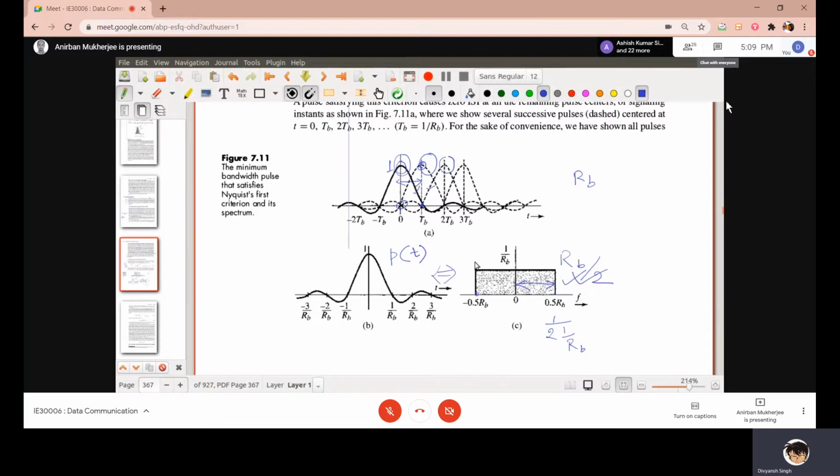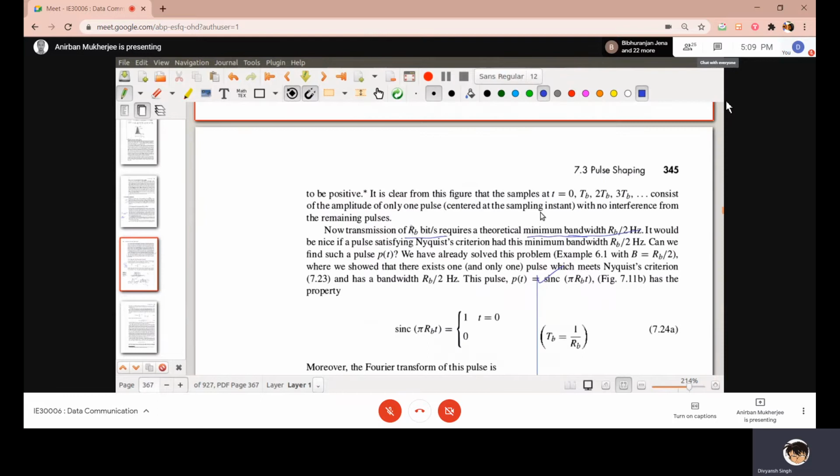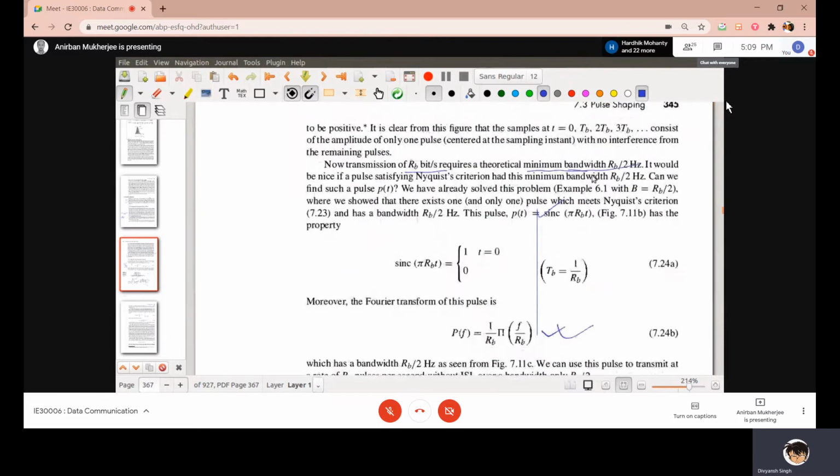So your filter should also have a minimum bandwidth of RB by 2, and then this pulse will go. So the minimum bandwidth is RB by 2. If you have higher bandwidth, it's fine.